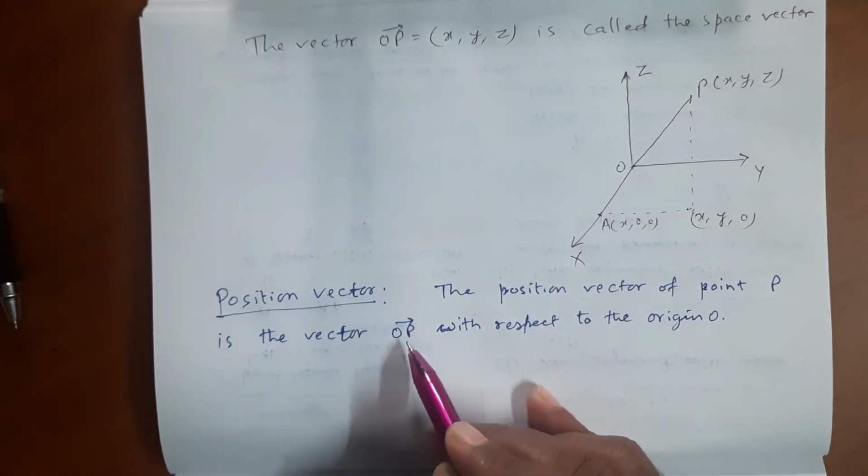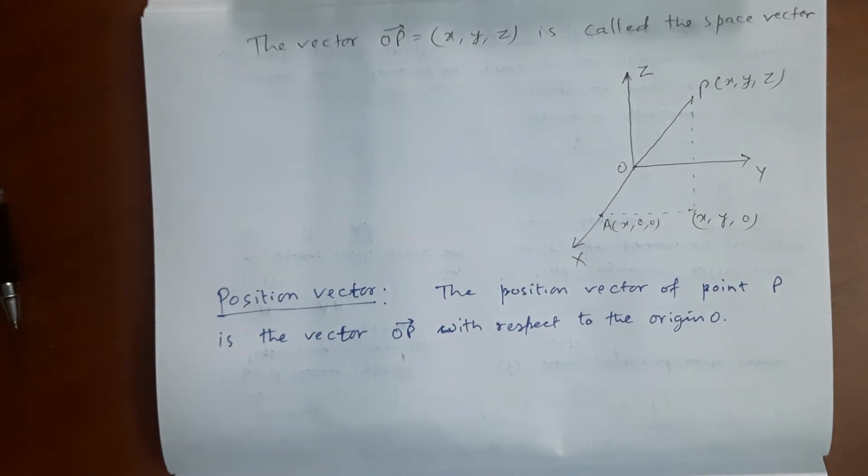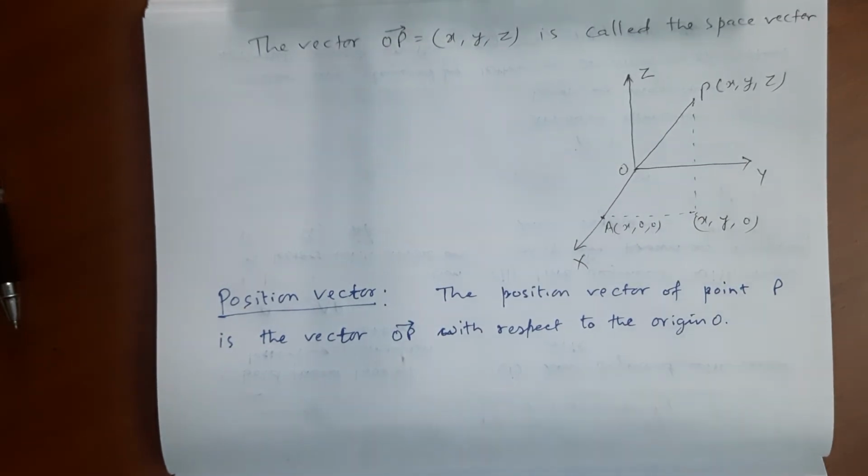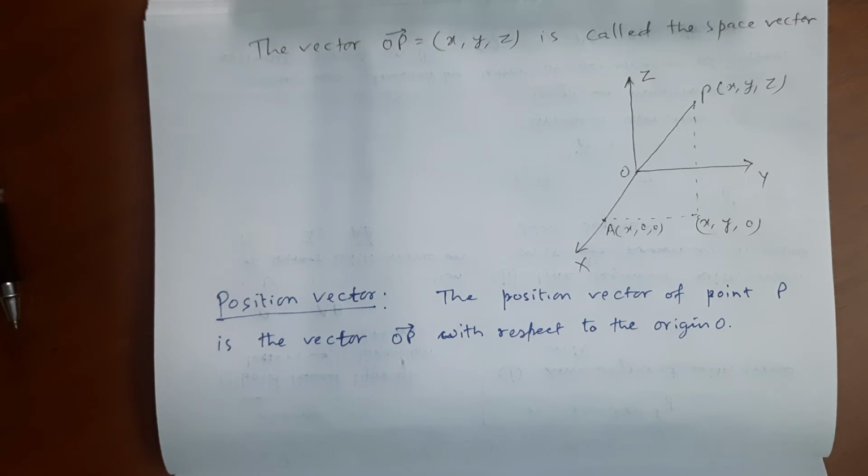So if the origin of the vector is the origin of the coordinate axes, then that is called the position vector of the point P.